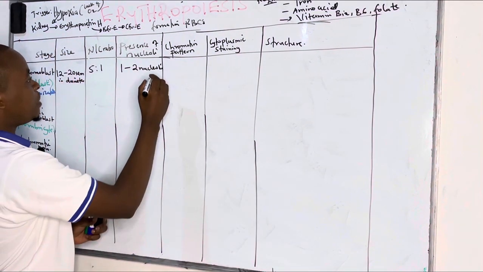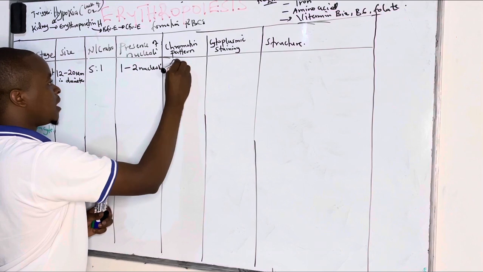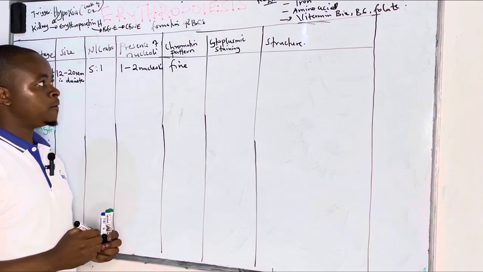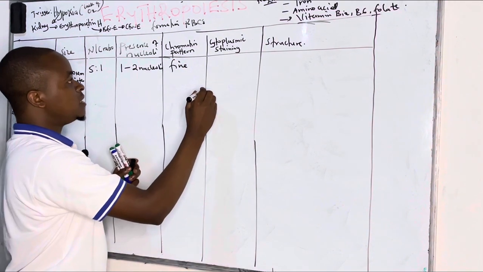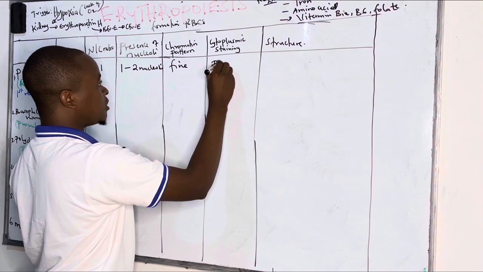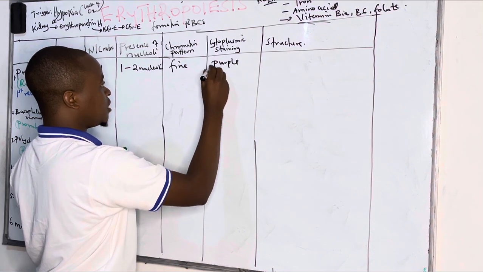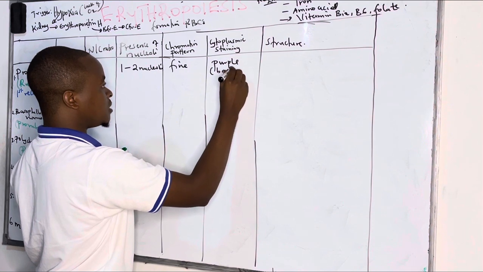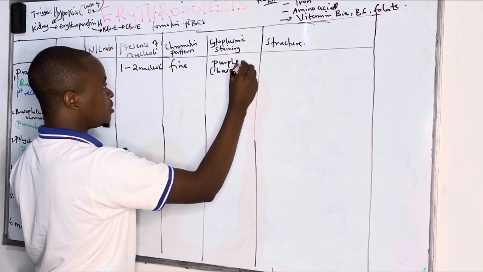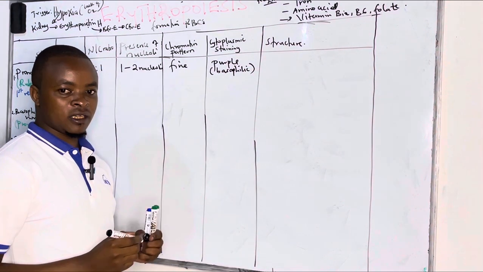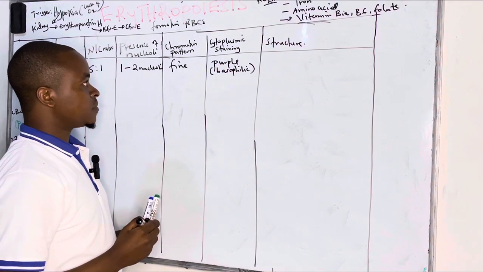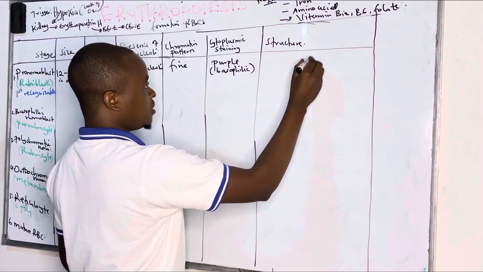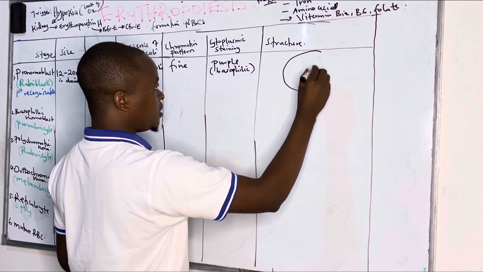Then the chromatin pattern is fine. The cytoplasmic staining is purple, or basophilic. It is deep or intense basophilic because of the presence of DNA and RNA. Then the structure, this is the biggest.